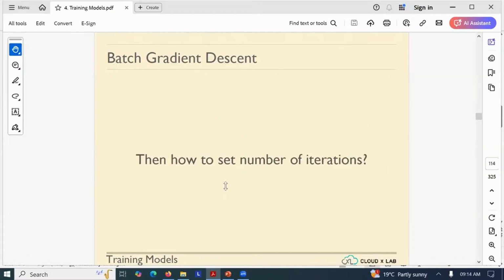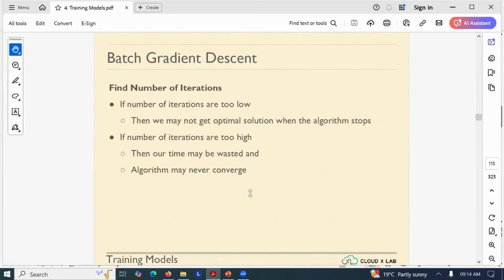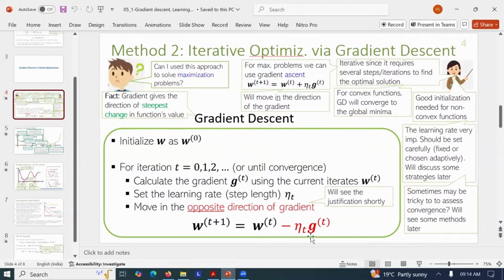Okay, so how can we set the number of iterations? This I've already discussed. There are three ways to decide the number of iterations. If this gt becomes small, or let's say if the solution doesn't change anymore, W t plus 1 is nearly equal to W t, or if whenever we are getting the error below some certain threshold, at that point also we can stop.